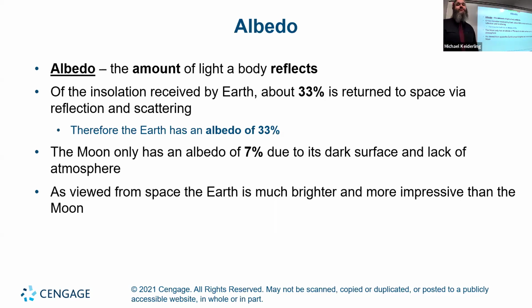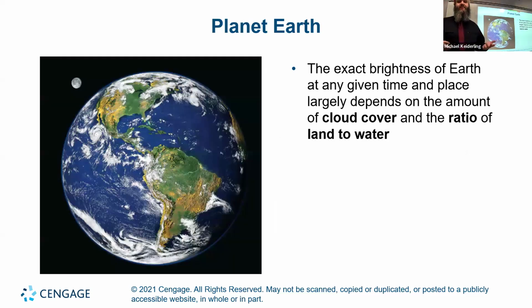And as viewed from space, the Earth is much brighter and much more impressive than the moon. If you see pictures of the Earth from space, it kind of looks like it's glowing, unlike the moon, comparatively. And then something like Venus has an albedo of about 70%, which is why it's so bright in the sky.